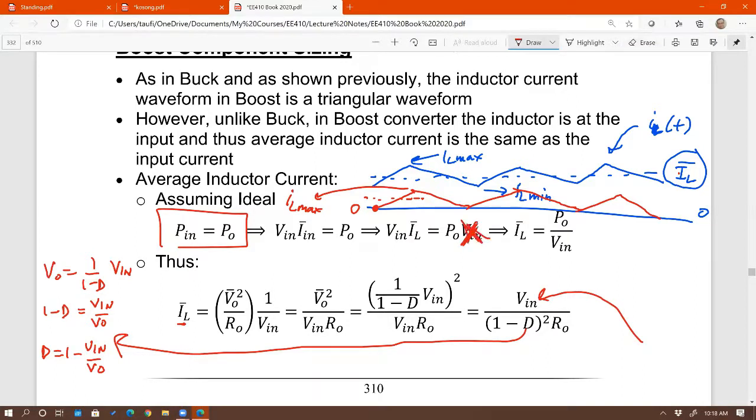Yeah, it is. Sorry, could you please fix that? Thank you for catching that. So please cross that out. There's no V in for this equation right here. Thank you.